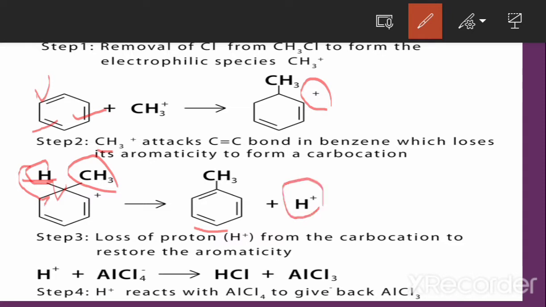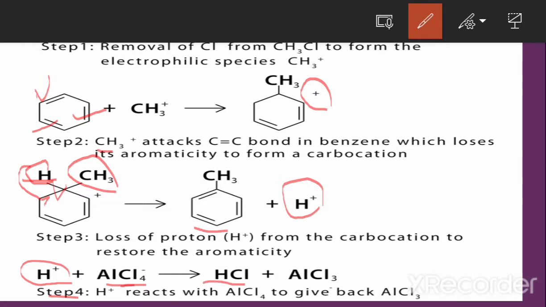And in the fourth step, this proton will react with the aluminium tetrachloride. Aluminium trichloride is the stable form of aluminium, and from this one chlorine will attack the proton and convert into a byproduct that is hydrochloric acid.